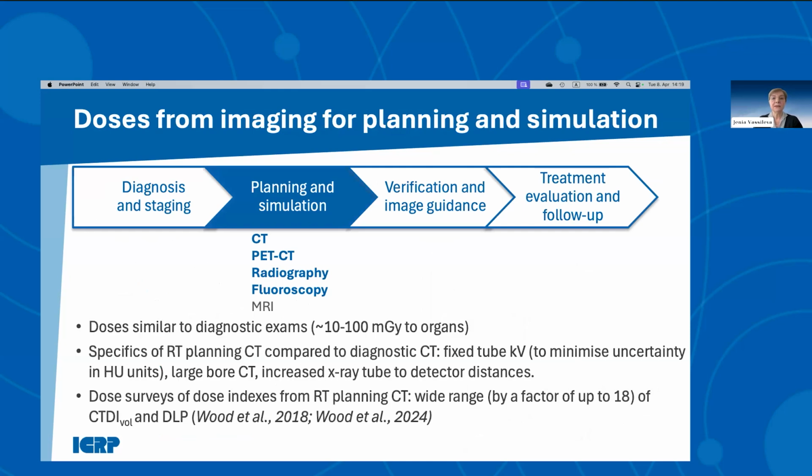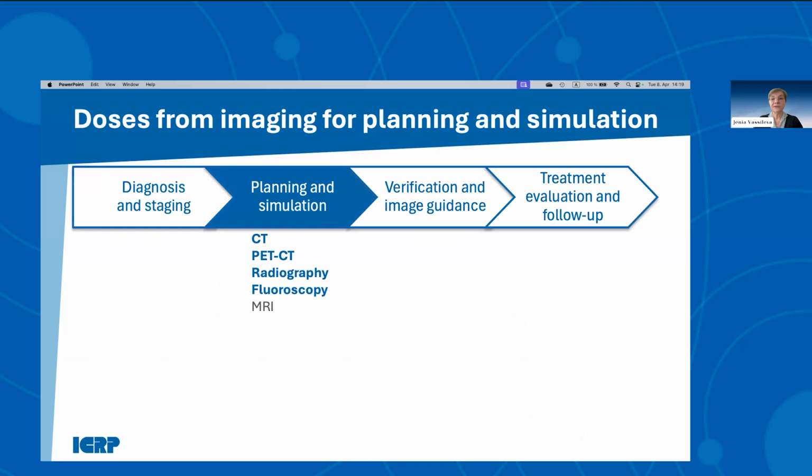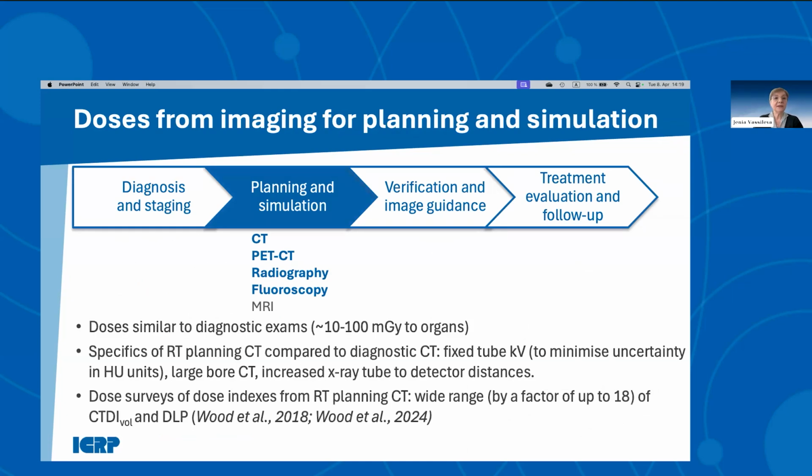During the planning, we also need imaging, and especially CT has an important role. And here, doses are similar to the diagnostic exams, with 10 to 100 milligray to organs, but the CT used for radiotherapy planning has the specifics of using fixed tube kV, large bore CT, and increased X-ray tube to detector distances, and this makes a difference.